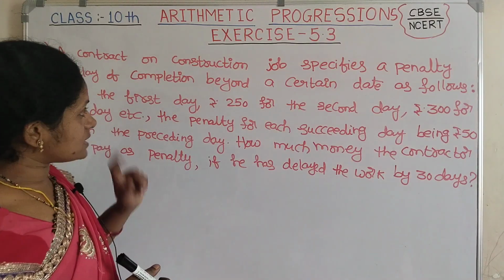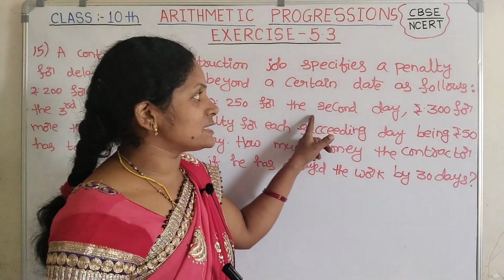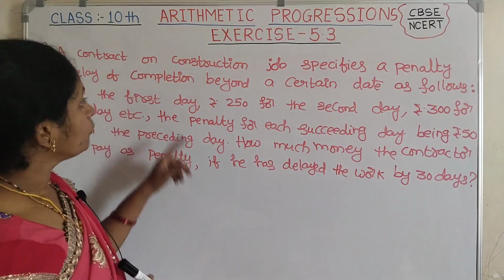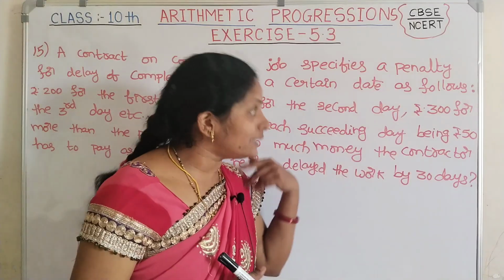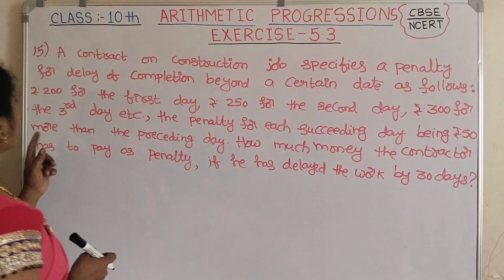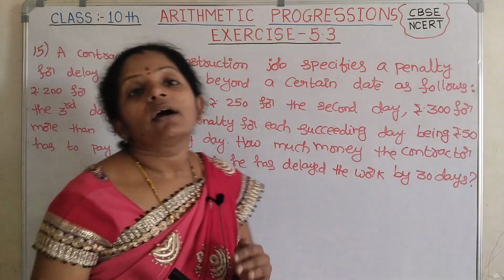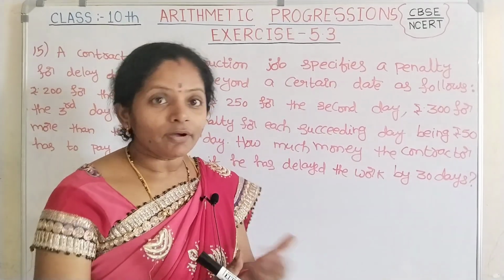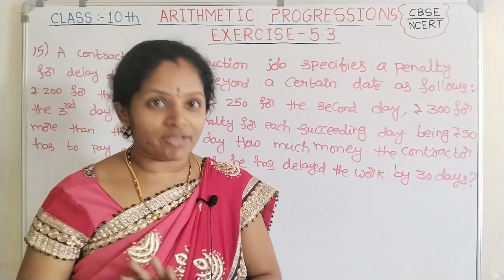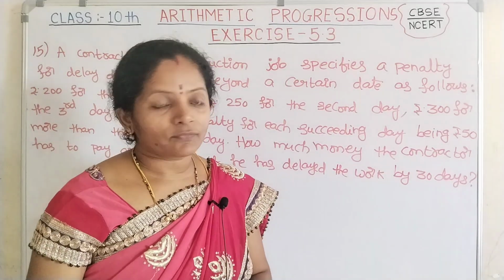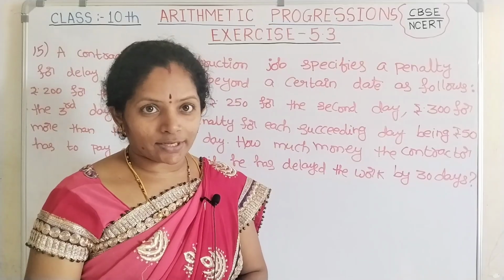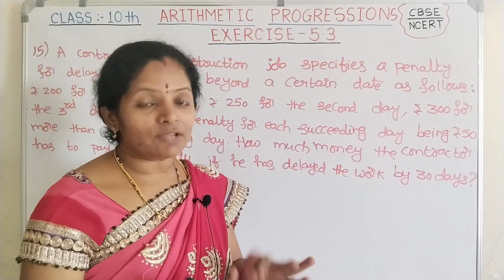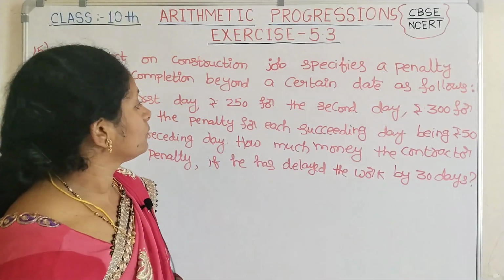Rupees 200 for the first day, 250 for the second day, 300 for the third day, and so on, etc. The penalty for each succeeding day being 50 rupees more than the preceding day, which means that for the next day they have to pay 50 rupees more than the previous day. Suppose today the penalty is 200, tomorrow they have to pay 250, means day by day 50 rupees are going to increase.